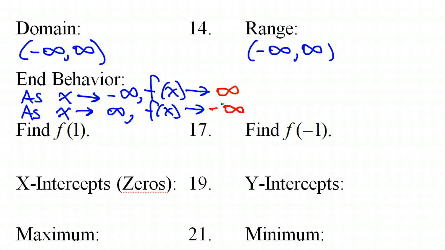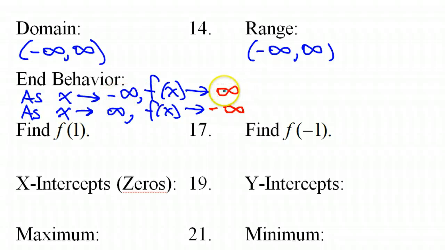So as you can see, everything here in blue never changes. If you have an end behavior problem, it's always going to start out as x approaches negative infinity, f of x approaches, and then it's going to go as x approaches positive infinity, f of x approaches. And just understand, the negative infinity version means as we go to the left.